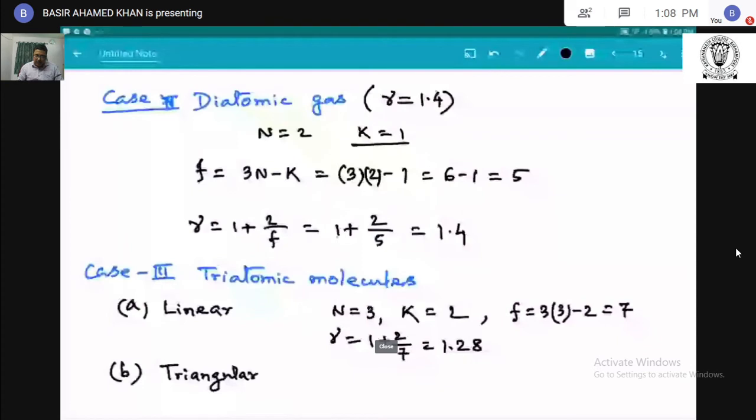For a triangular triatomic molecule, n equals 3, k equals 3. That means F equals 3 into 3 minus 3 equals 6. Therefore, gamma equals 1 plus 2 by 6, that means 1.33.